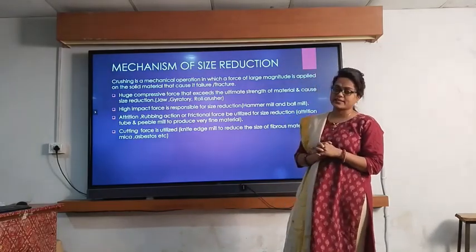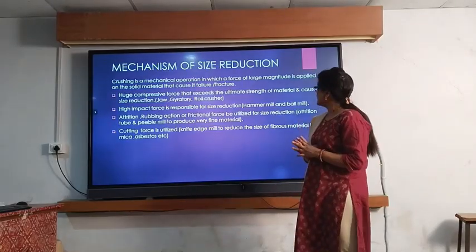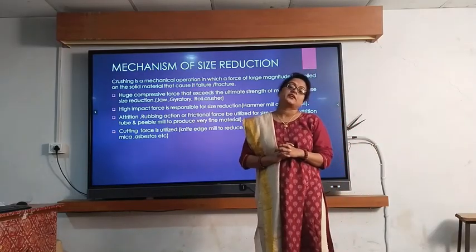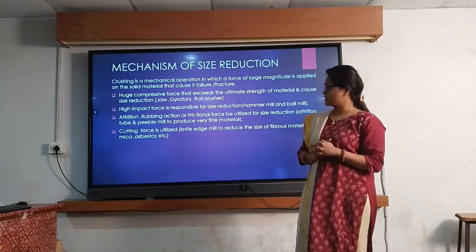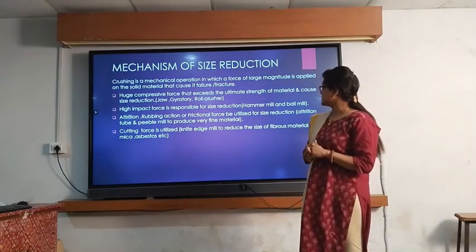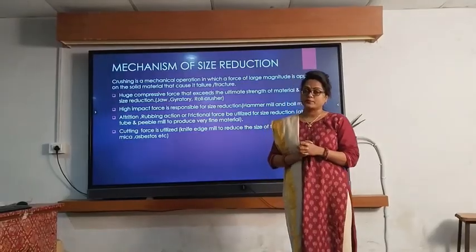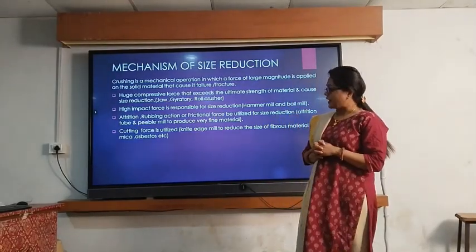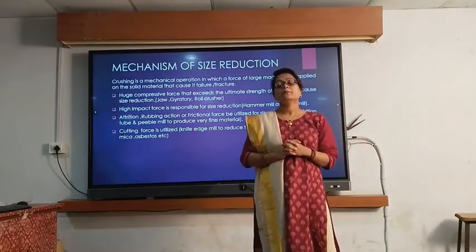Crushing is a mechanical operation in which a force of large magnitude is applied on the solid material that causes the fracture. A huge compressive force that exceeds the ultimate strength of the material causes the size reduction. Using high compressive force, equipment like jaw crusher, gyratory crusher, and roll crusher carry out the size reduction process.